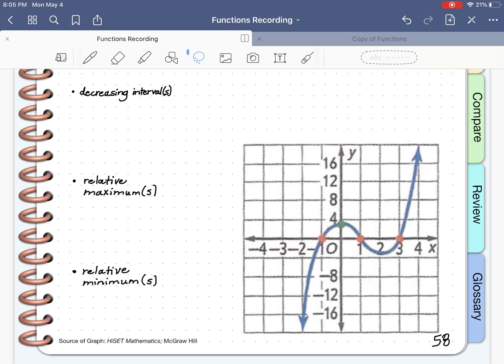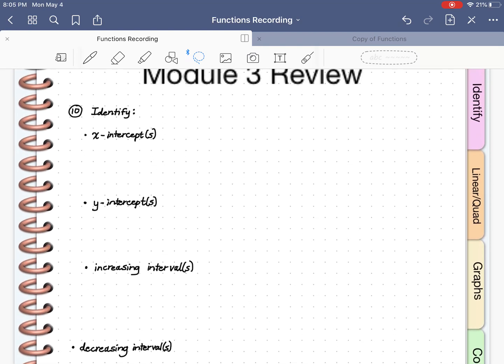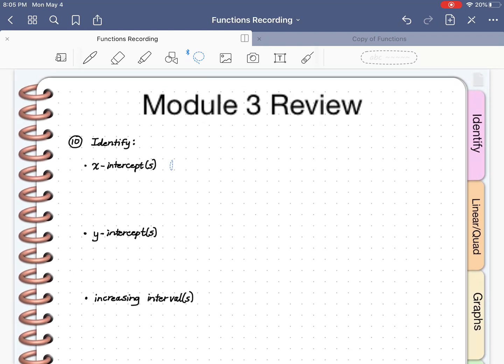I see one at (-1, 0), (1, 0), and (3, 0). And the x-intercept is just the x value. So the answer to this question is -1, 1, and 3.